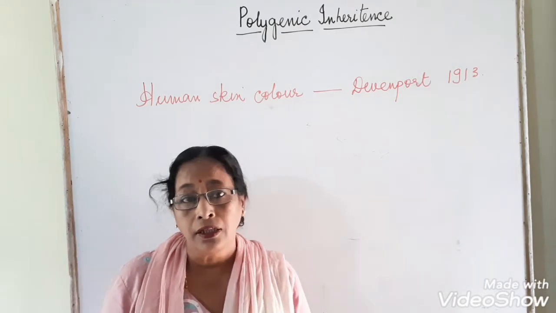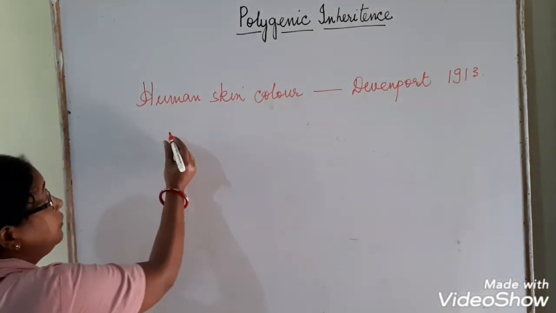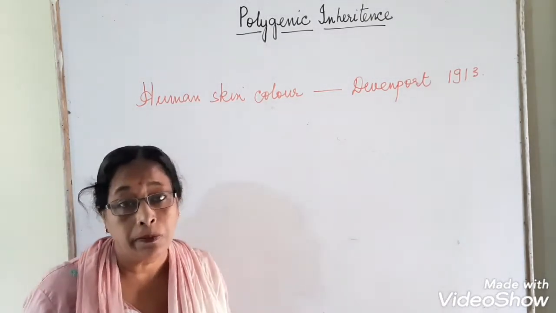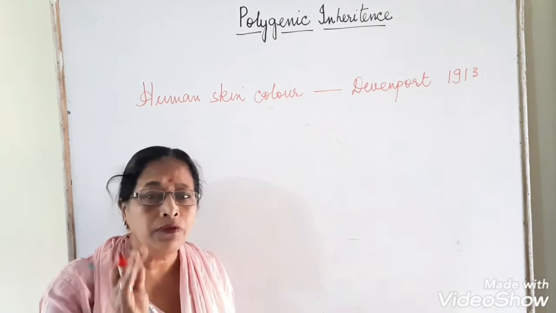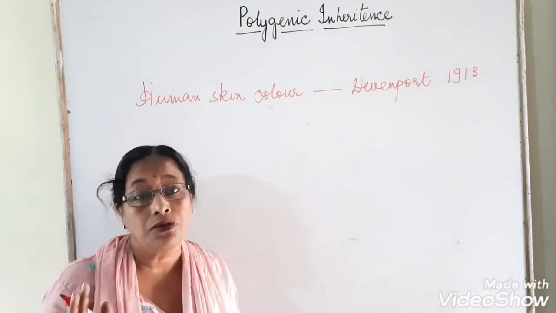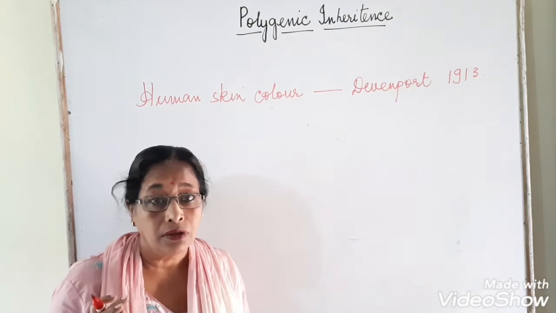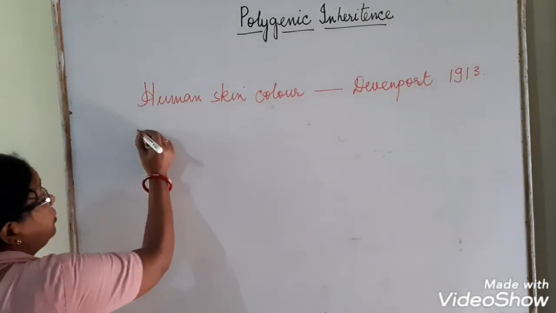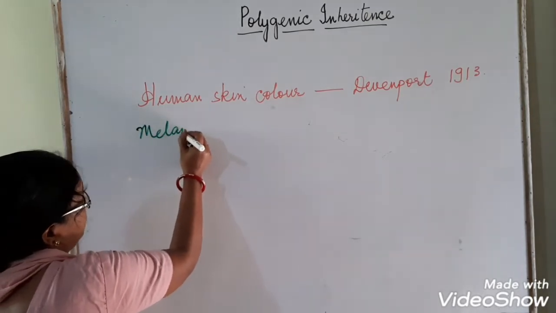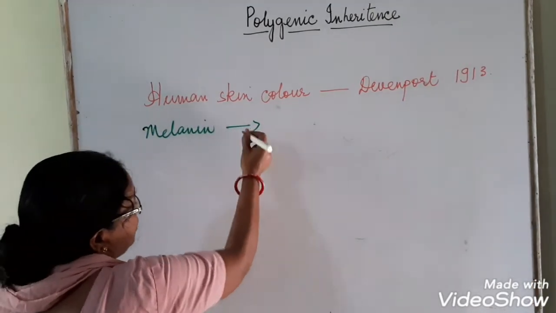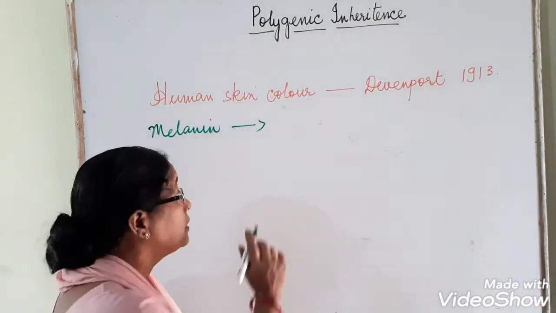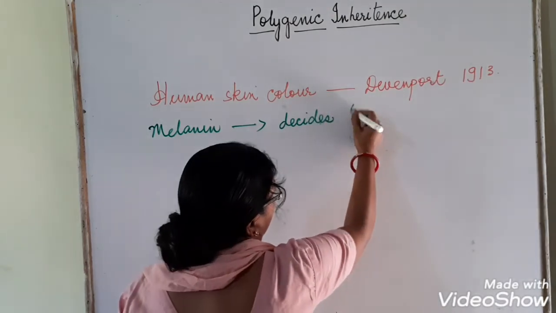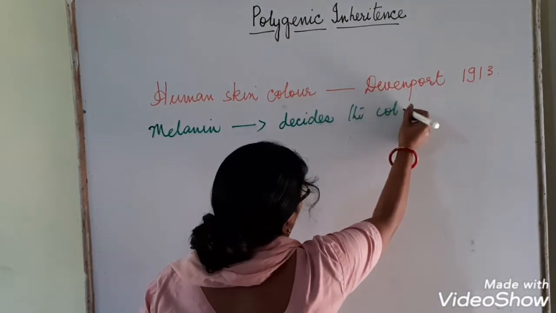Human skin color is controlled by several pairs of genes. So many pairs of genes control the expression of human skin, and we can see graded variation in human skin color. We all know that the pigment melanin decides the color of the human skin.